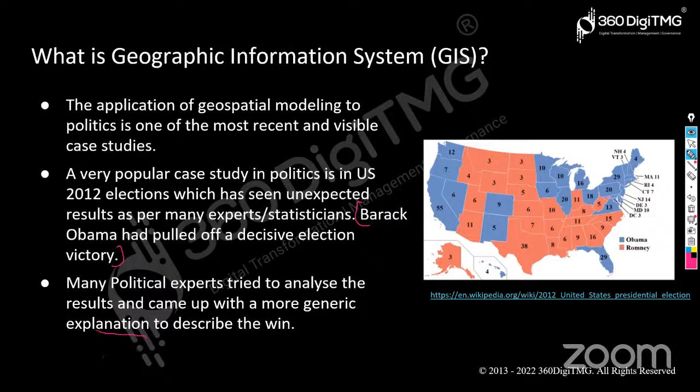They were very generic in nature. Now, the actual results that we are seeing here were explained by another librarian, I think, who came up with this geospatial analytics study for explaining the results.